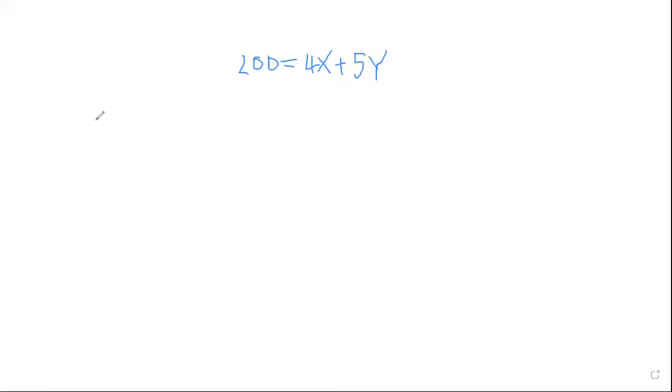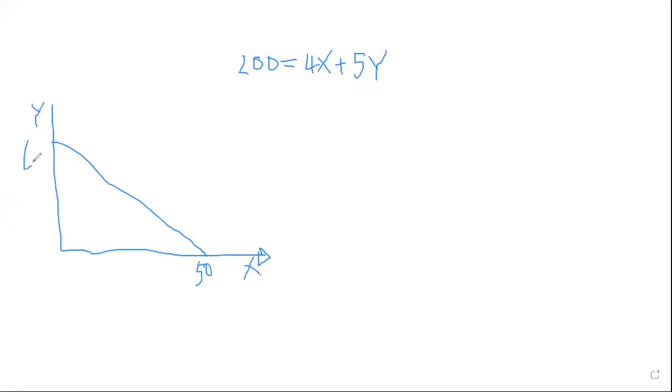So now, we draw the line of this budget equation. So I have 50 here for x, and then I have 40 for y.